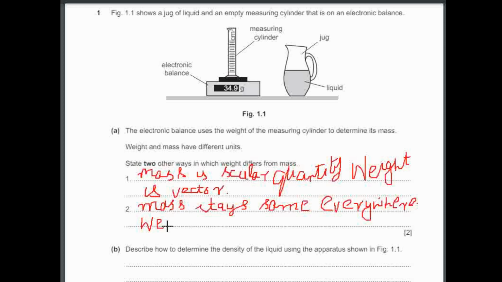If we have a body whose weight is a certain value at the surface of the earth, then its weight at altitude will be different. Also its weight on the moon will be different, but mass will stay the same.